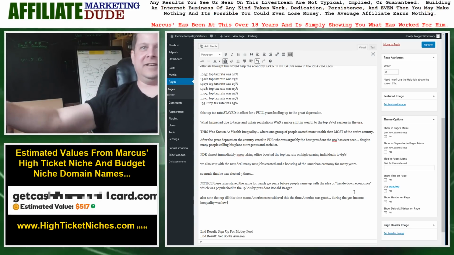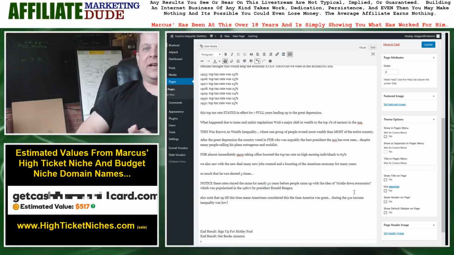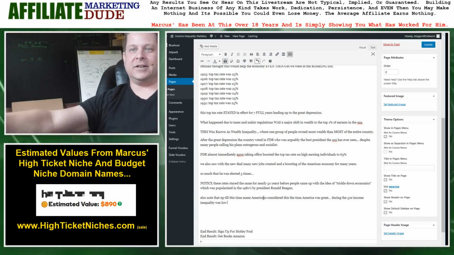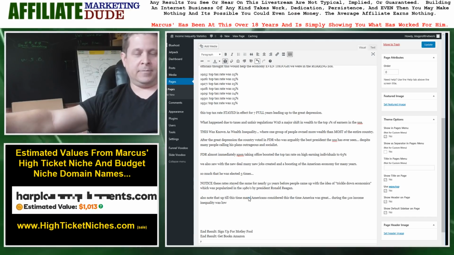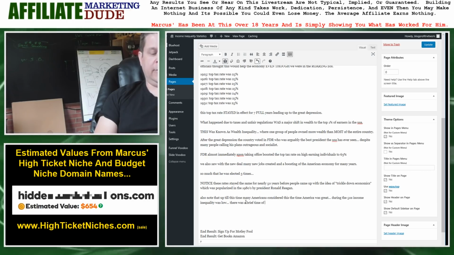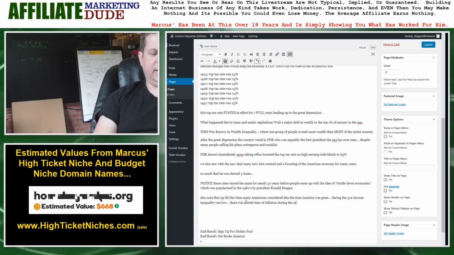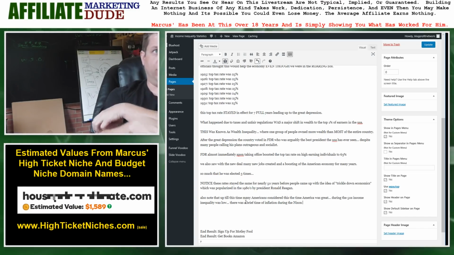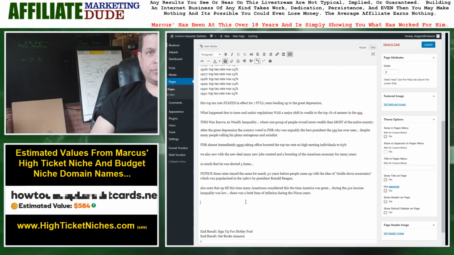The point is writing the article. All right, so also note that up until this, many Americans considered this time was great and inequality was low, okay, which was good. So there was a brief time of inflation during the Nixon years, I think it was. And I can go back and actually recheck this out, okay? During the Nixon years, okay?